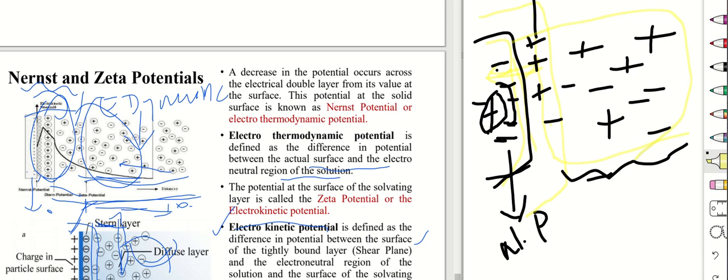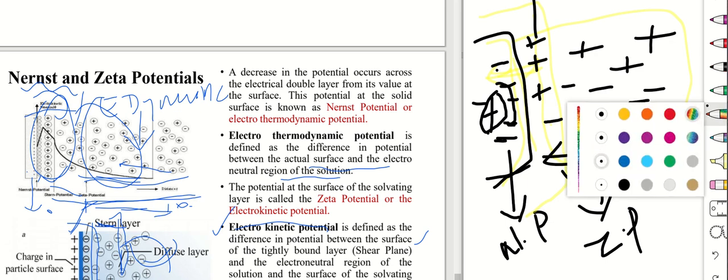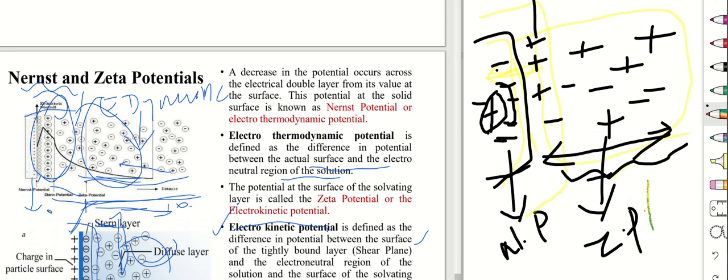This one would be zeta potential. Now we understood. Hope you all understood now. The zeta potential should actually be lessened, which indicates a lesser distance between the particles, which in turn relates to flocculation.